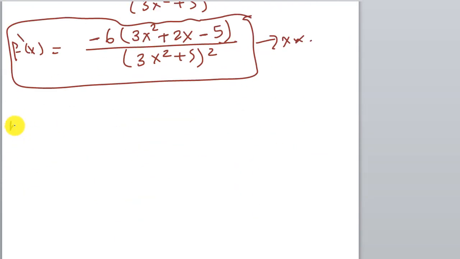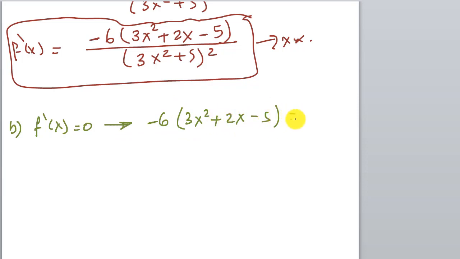So to find the coordinates, f dash of x equal to 0 will give us the maximum and the minimum. So from here, minus 6, 3x squared plus 2x minus 5 will equal 0. So this 6 goes, so the remaining is 3x multiplied by x, and then 5 multiplied by 1, so 5 and 1.